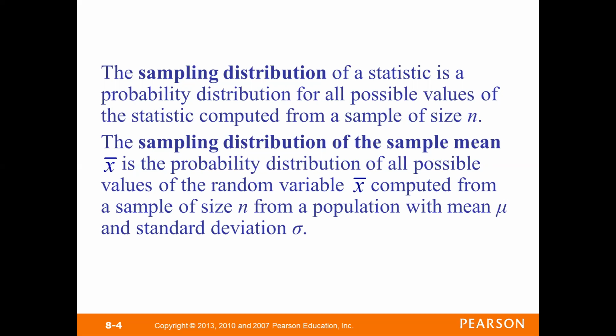Because the process of taking a random sample introduces variability into our method, different people getting different samples will have different sample means, and the distribution we would have from looking at all the different possible sample means is called the sampling distribution of the sample mean.